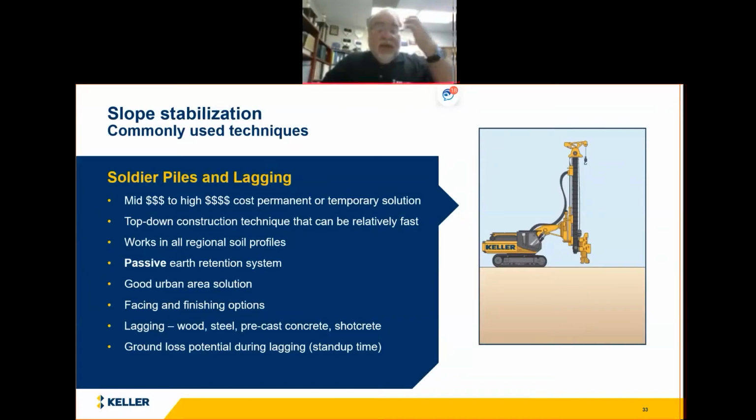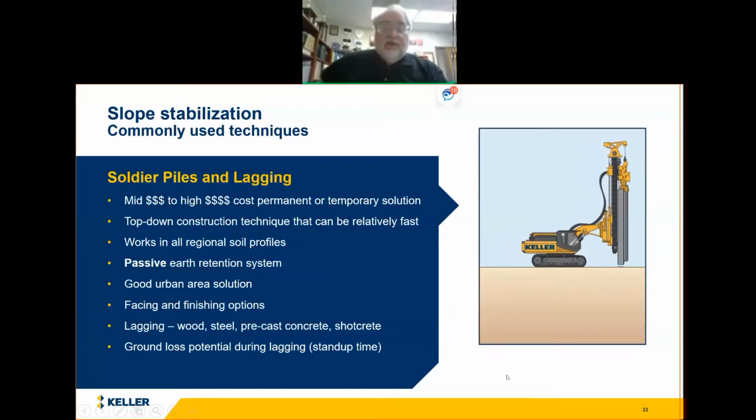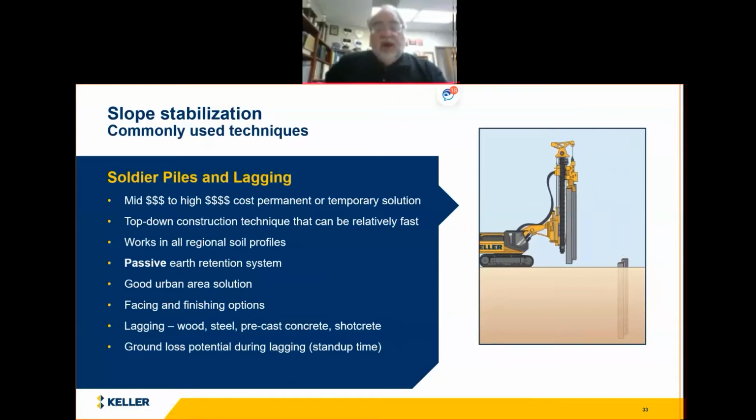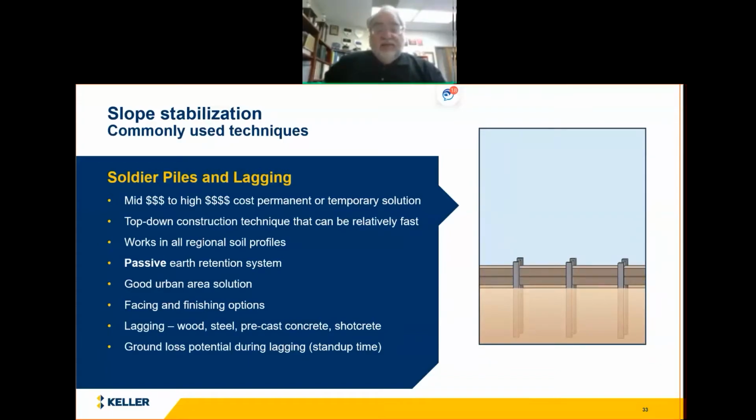So soldier piles and lagging are a solution where you can put soldier piles in the ground. They're either driven, pressed, or drilled in place, drilled and dropped, and they're put on about 8-foot centers or so, as you see here in the animation. And then we start digging down and we put in some type of lagging. It can be wood for temporary, steel, precast concrete.